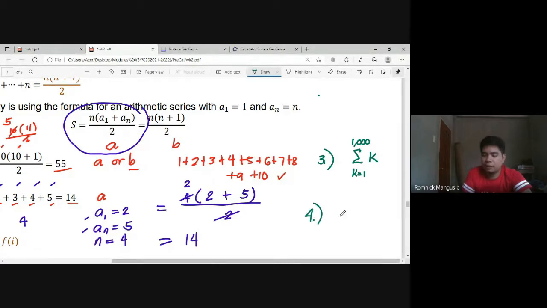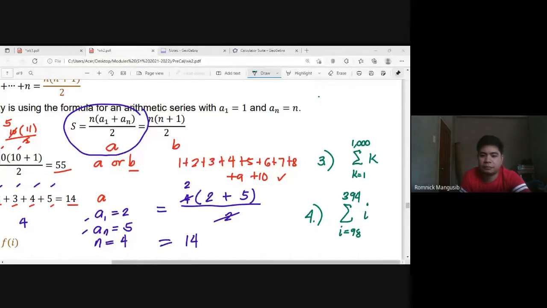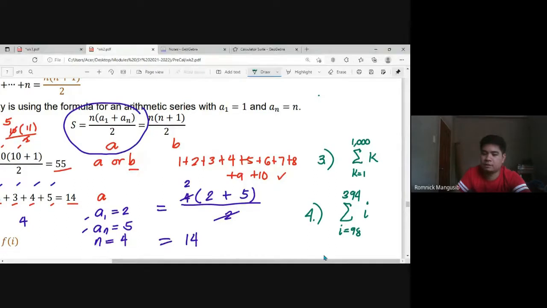And number 4, kahit anong variable ang gamitin natin dito, class, huwag kayong ma-confuse. When I use k, k starts from 1 to 1,000. So si k ay papalitan mo ng 1 up to 1,000. And number 4, what is the summation of, let's say, i, where i starts from 98 to 394. Sige, i-comment nyo yung sagot niyo para makita natin kung maliwanag na sa inyo para mag-move na tayo kagad on the next.